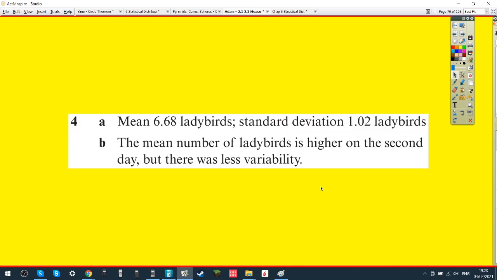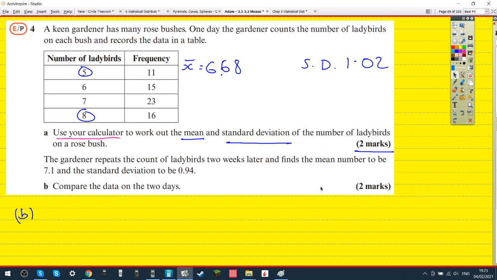So how many bushes had 1 standard deviation more than the mean for this one? Well, what's the mean? 7.1. No, for part A. Well, the bushes at the bottom, like the 7 and the 8.